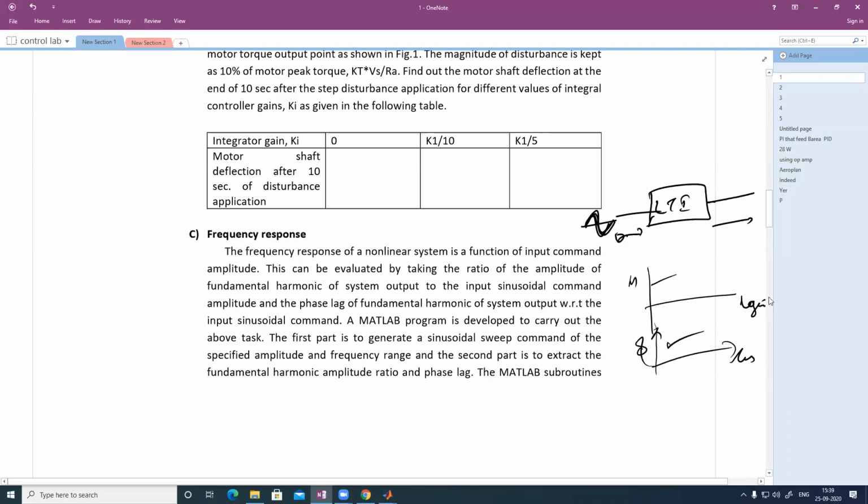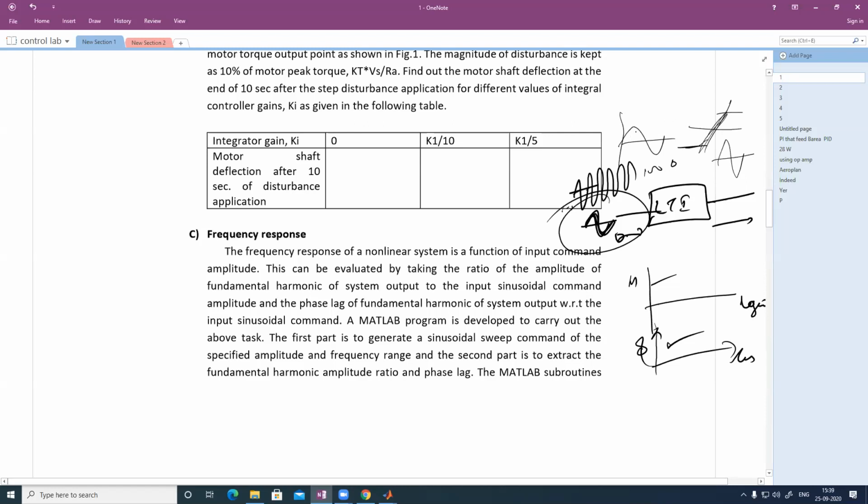So what MATLAB is doing is applying very low value sine waves, from 0.1 to some 100 hertz, sometimes 1000, and taking the output response and plotting it. For a non-linear system, the amplitude matters. If you are giving 1 volt to a saturation-like non-linearity, a linear amplifier will just amplify it.